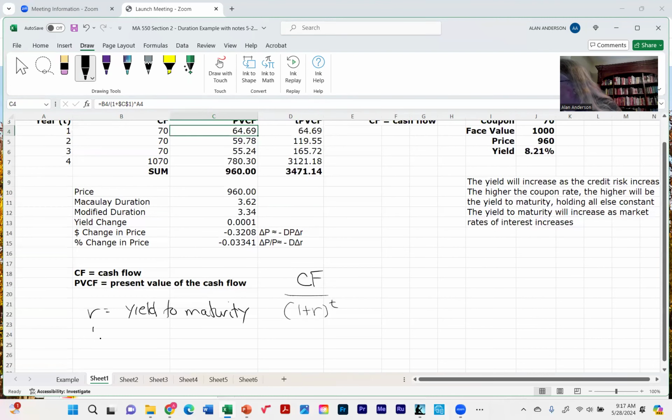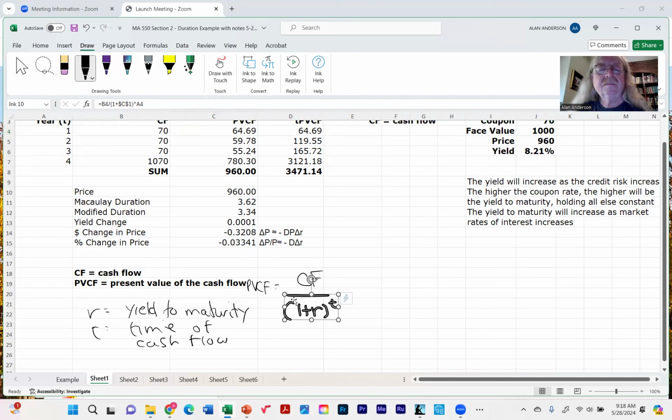And then T is simply the time at which it is received. In other words, how many years in the future? And that's the present value of that cash flow. Okay, so that's really all there is to it.